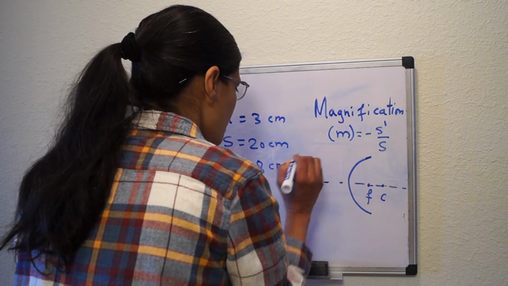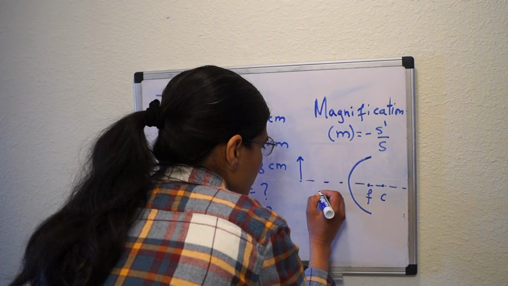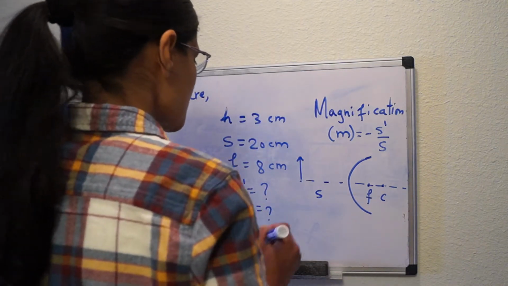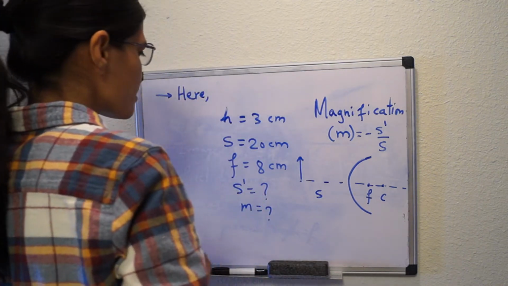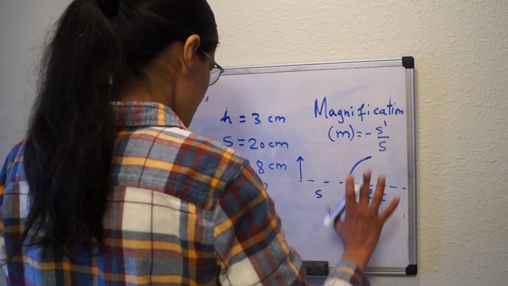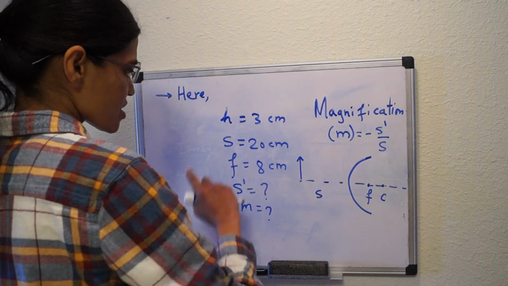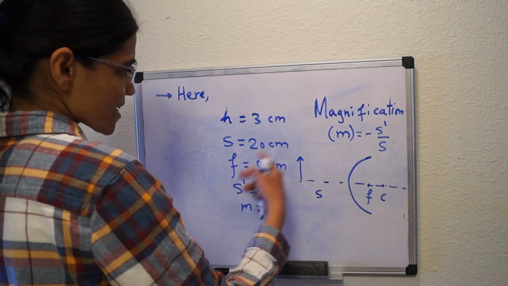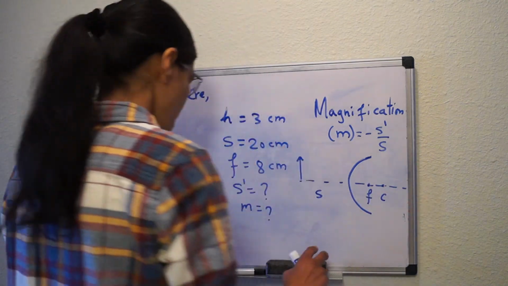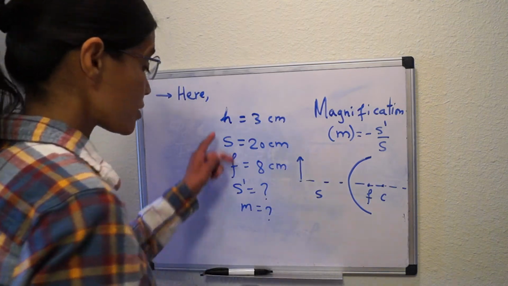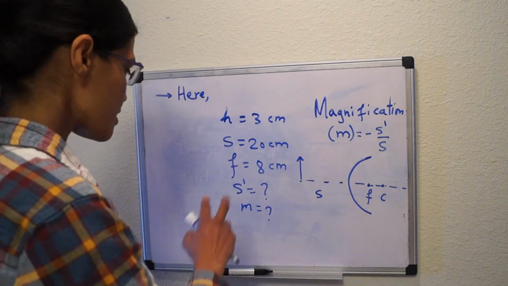So there is the object here, this distance, let's call this S, 20 centimeter, and then the image is formed here somewhere. But we are asked for the image distance S dash. So where does the image form? Even without doing a diagram, we should be able to just calculate it numerically.